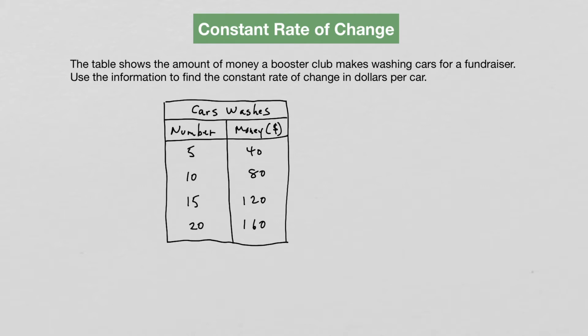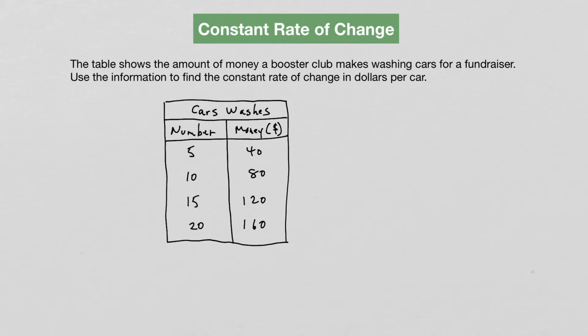Okay, so in this problem, we've got a table that shows the amount of money a booster club makes washing cars for a fundraiser. So we need to use this information to find the constant rate of change in dollars per car. Okay, so the way to do this is to take a look at the number of cars that are being washed and see what the differences are going from one point to another.